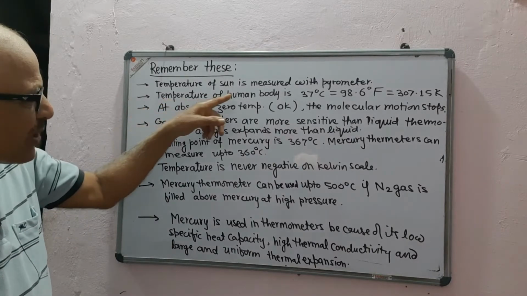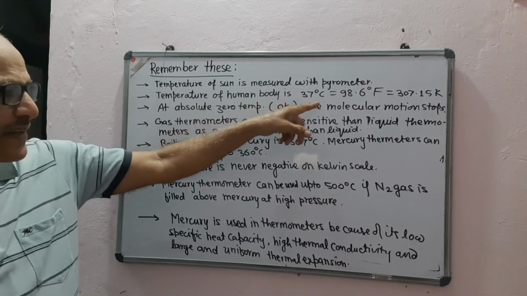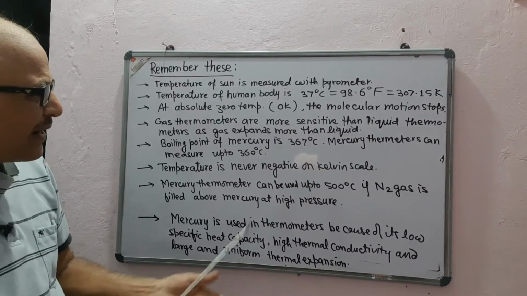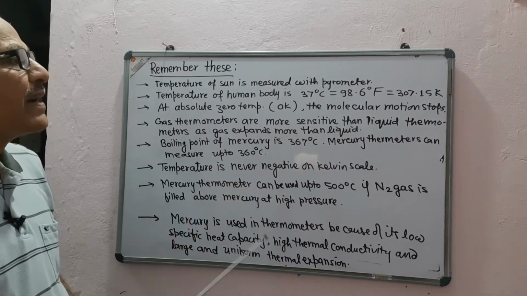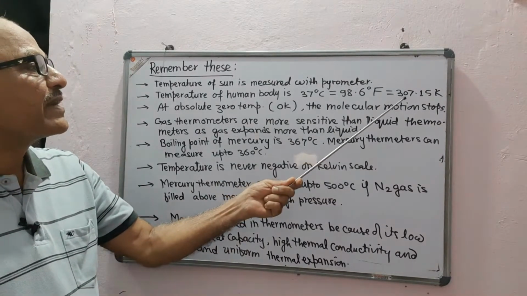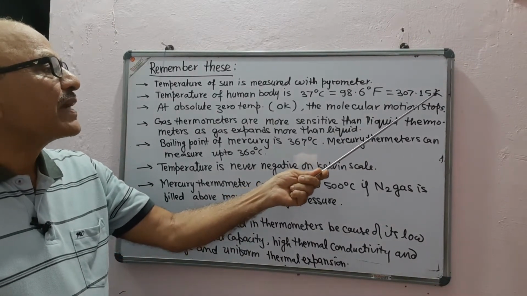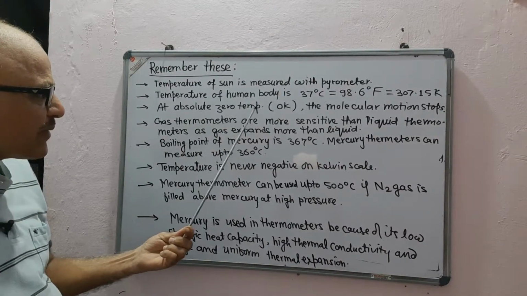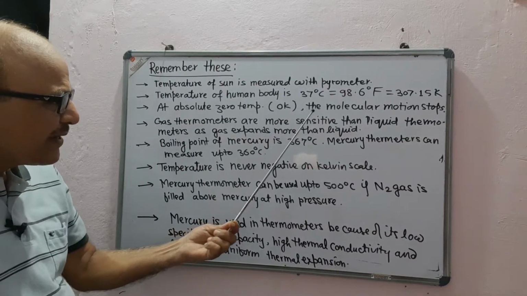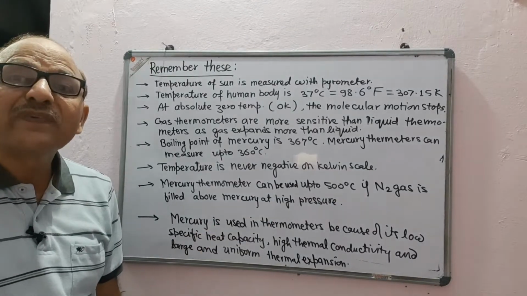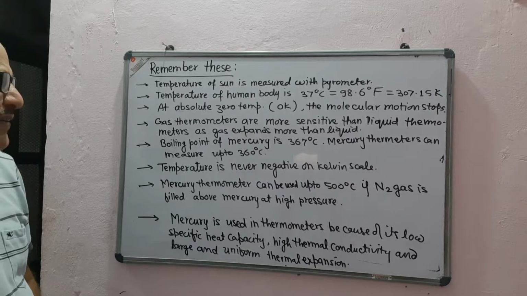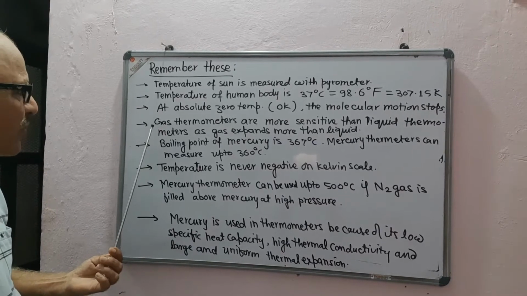Next, temperature of human body is 37 degrees Celsius, which is 98.6 Fahrenheit or 310.15 Kelvin. Next, at absolute zero temperature, that is 0 Kelvin, the molecular motion stops. All the molecules come to rest, means their velocities become 0.